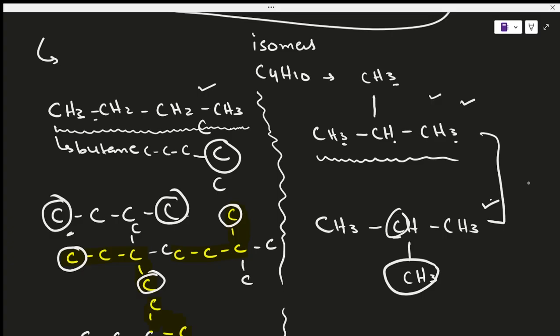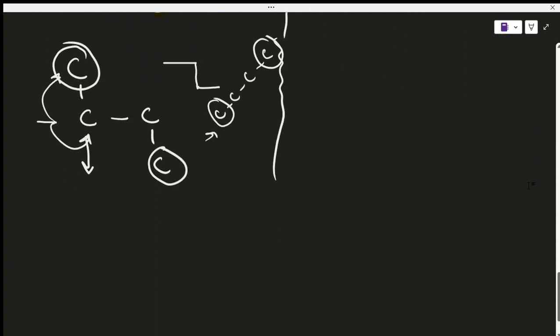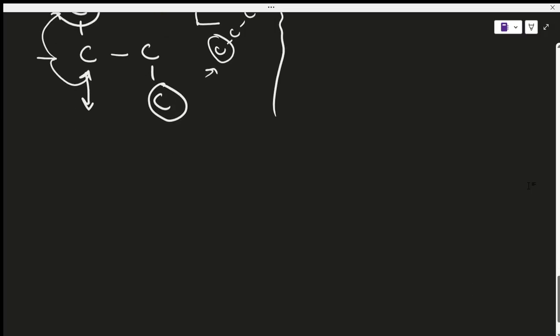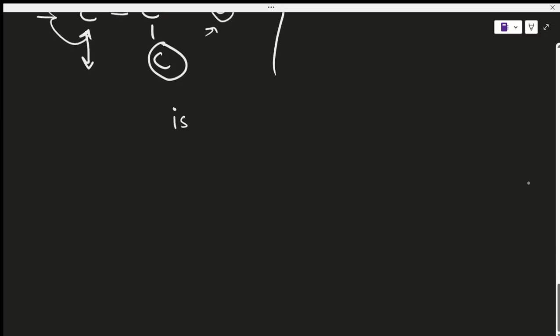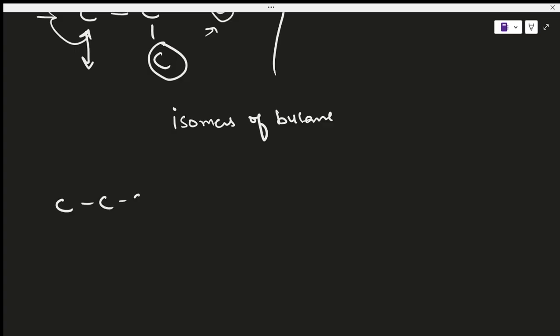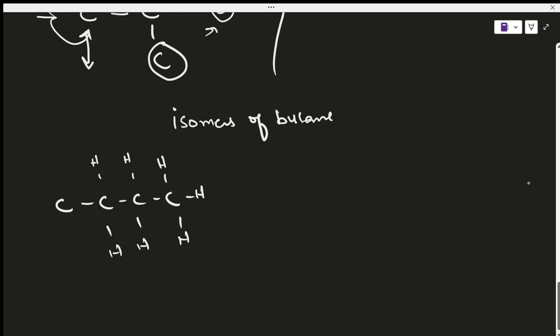So what did we study? We studied that there are going to be 2 isomers of butane. And what are those? The isomers of butane are going to look something like this. One is this one, which looks something like this, and this is what we call straight chain butane.